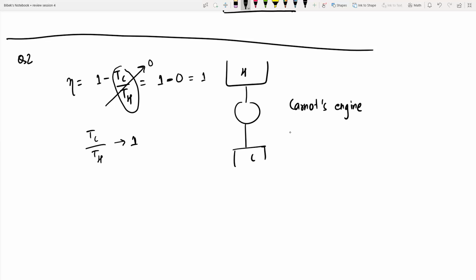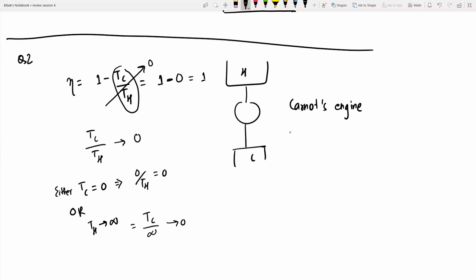Either your TC can be 0, so 0 over something is 0, or your TH can be infinity. If your hot reservoir is infinitely hot, then TC over infinity, something over infinity, is always 0. So in that case, you can have efficiency 1. And if TC equals 0, then 0 over TH will also be 0. So in that case also your efficiency can be 100%.